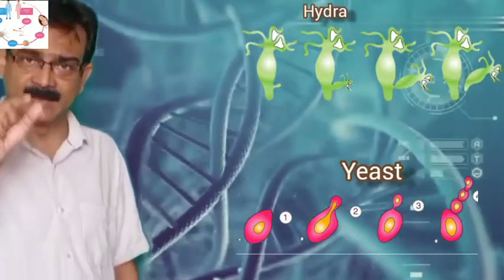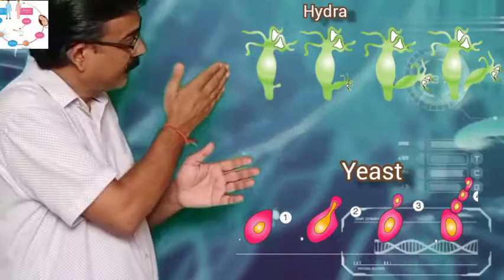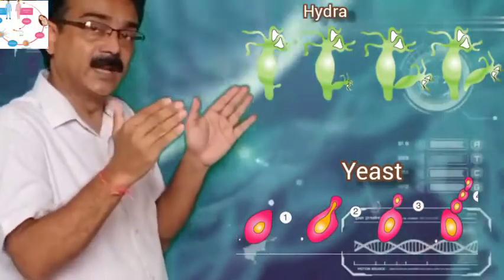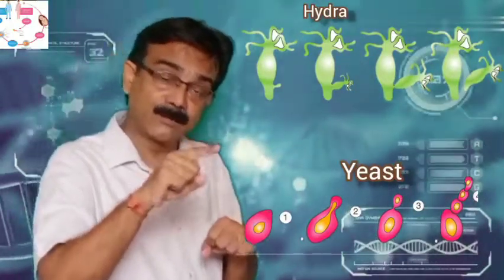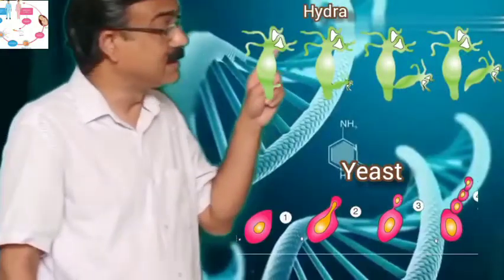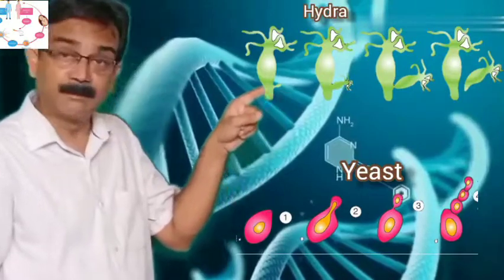At a particular place the cells divide repeatedly, and a kind of bud is formed, and that bud grows until all types of cells that are present in the mother body are developed in that bud.